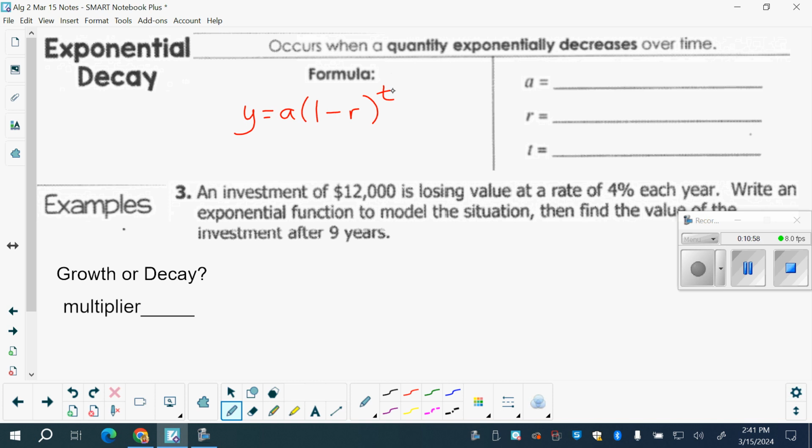So our A is the initial or starting amount. The R is our rate of decay. We call it a decay. And then our T, again, is our time.